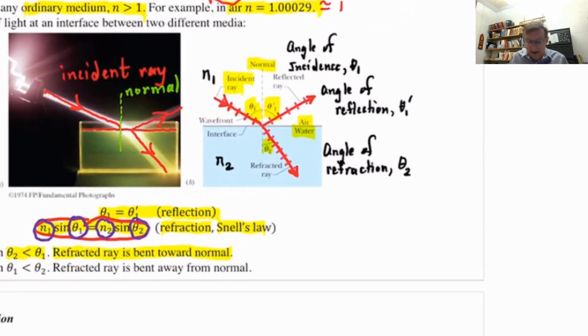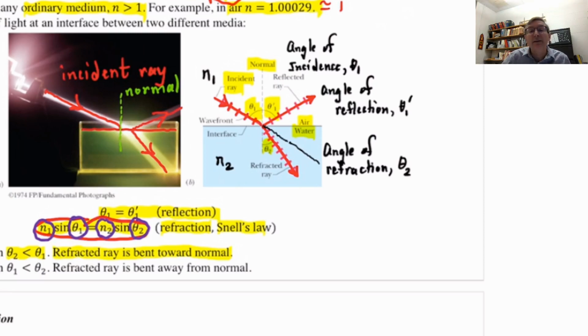So here's what we say. The refracted ray in that case is bent toward the normal. Because if I go back up to this picture, and I extend the incident ray in a straight line, just for a visual reference, into the refracting medium like that, that would be the direction the incident ray would travel if there were no refraction at all.